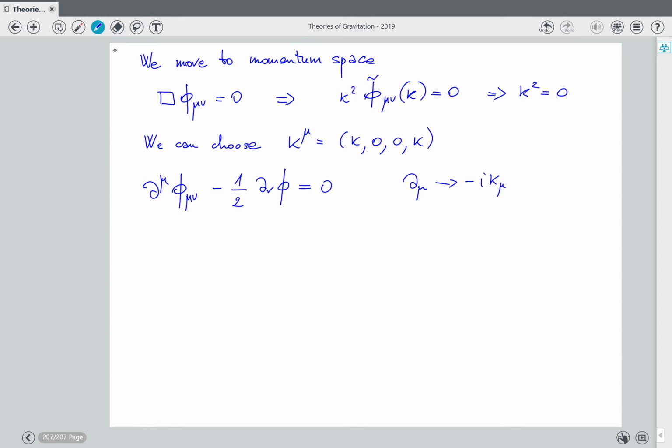So here you will find this condition. Remember that sometimes k appears with lower indices and sometimes with upper indices, but we know how that goes.